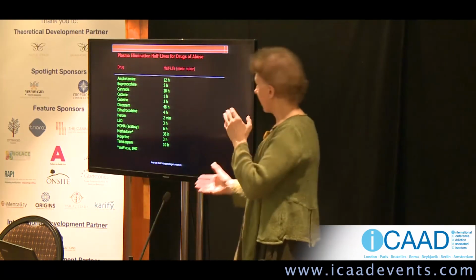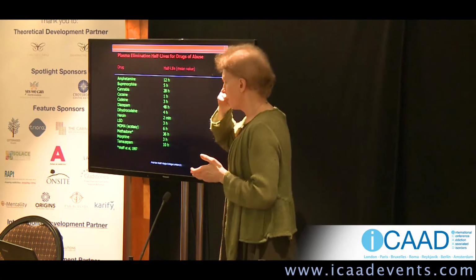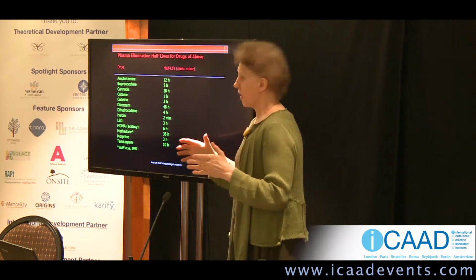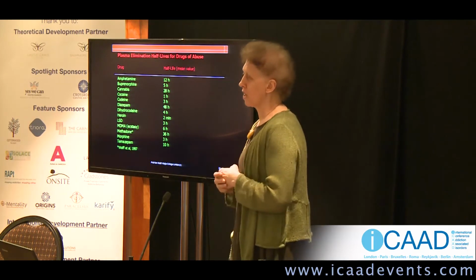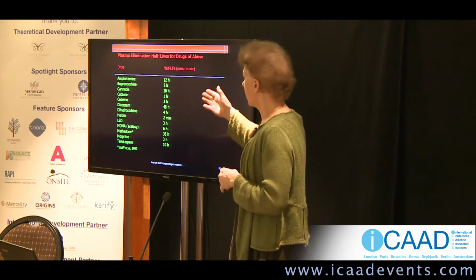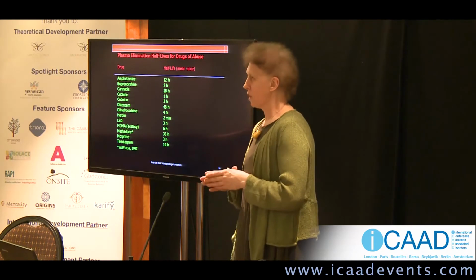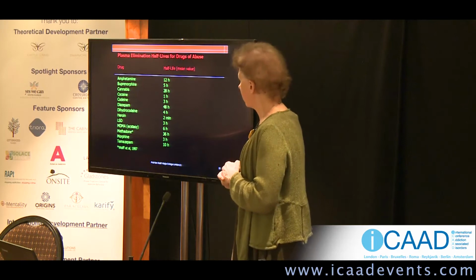And again, as with urine, it varies according to the type of drug, and the way that we work out how long a drug will last in the body is by looking at the half-life, and multiplying that by 5. If you want to be really sure, multiplying it by 7.